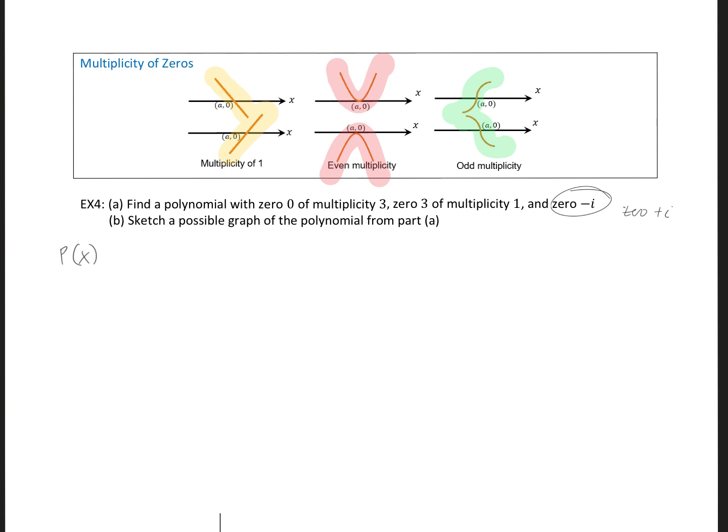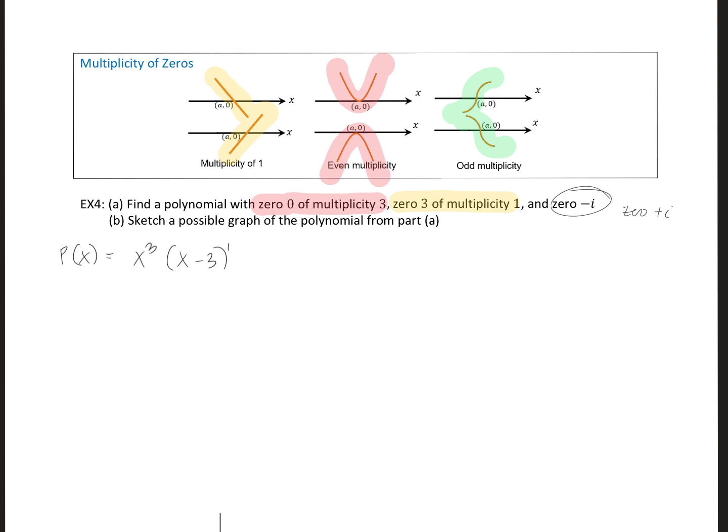So let's see, we know p of x is going to equal, well, when we have a 0 of 0 with multiplicity 3, that's just going to be x cubed, because x would equal 0. And then a 0 of 3 with multiplicity 1, so that's going to be x minus 3 to the 1 power.